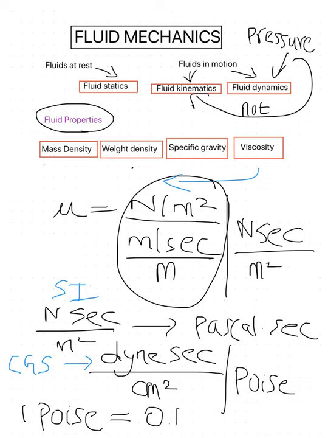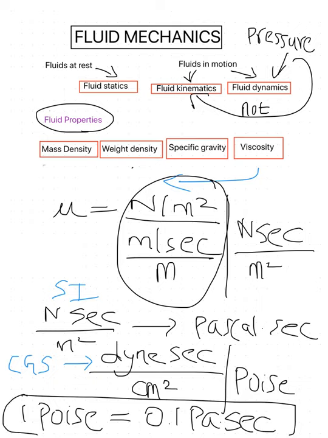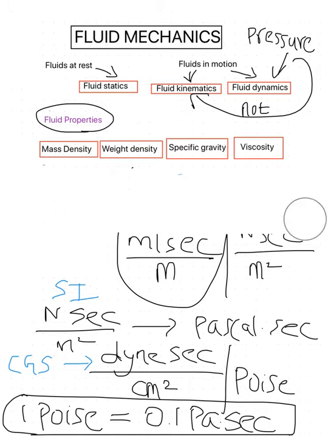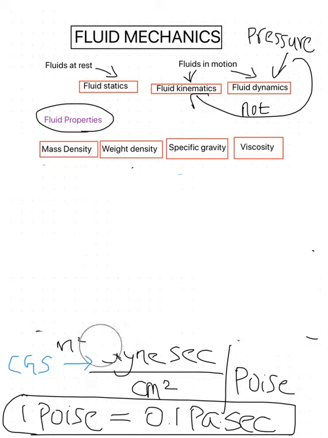Now, 1 poise is always equal to 0.1 Pascal second. So we know that the unit of dynamic viscosity is poise or Pascal second. Now that clears the first part of viscosity.